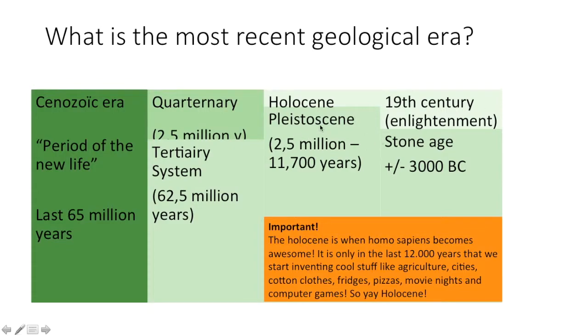So Pleistocene: cold periods, warm periods, cold periods, warm periods, glacials and interglacials, as they are called, coming from the French word for ice, glace. Every time I'm in France, I say "je voudrais une glace, s'il vous plaît," and then I get a piece of ice cream. So interglacial means between glacials, between cold periods.